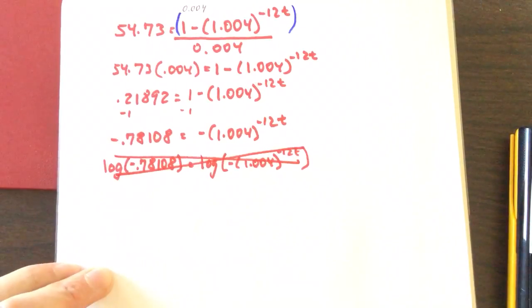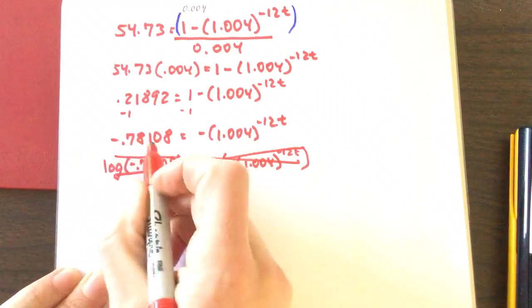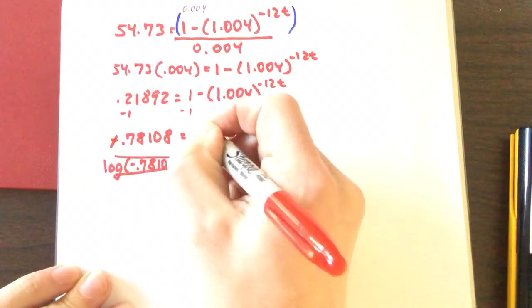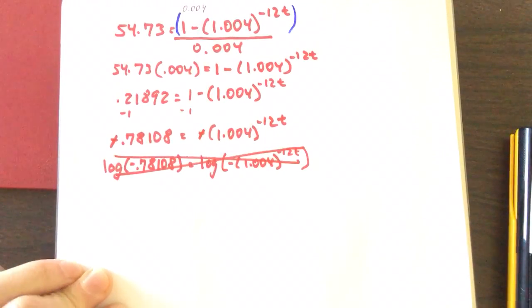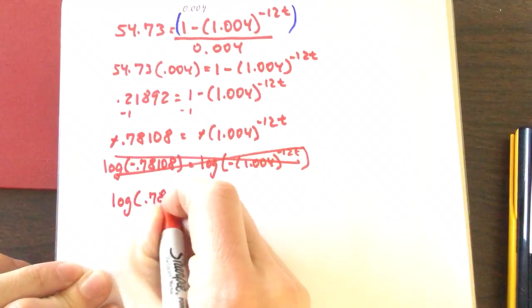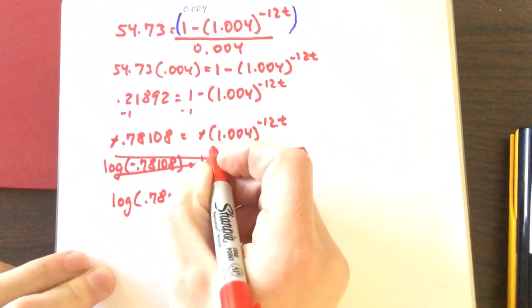I'm going to go a step back. Notice we've got negative equals a negative. Negative equals a negative. We can multiply by -1. Those become positive there. That fixes it. Log positive. Make it positive. Multiply or divide by -1.